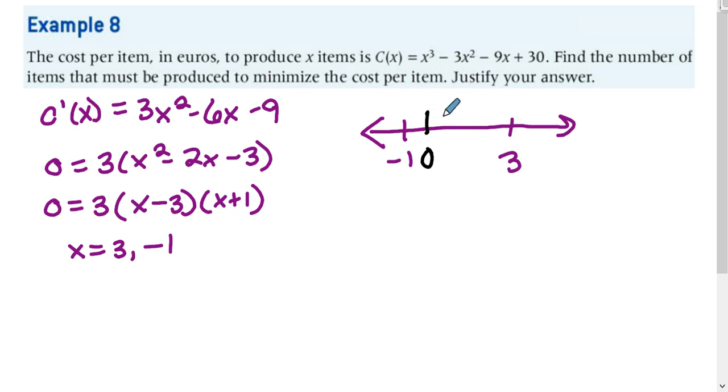But when you do your sign diagram, between -1 and 3 or between 0 and 3, those values happen to be negative. These happen to be positive. If we really wanted to keep going, those are positive back there. But since we want to minimize the cost, minimize is a negative to a positive, which means it takes 3 items to minimize.